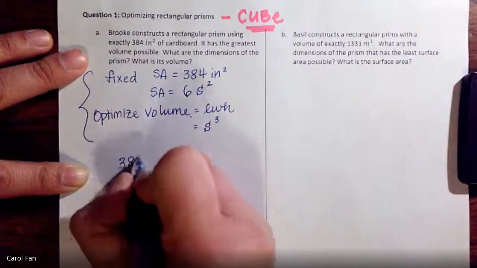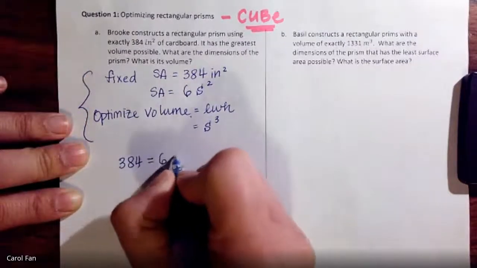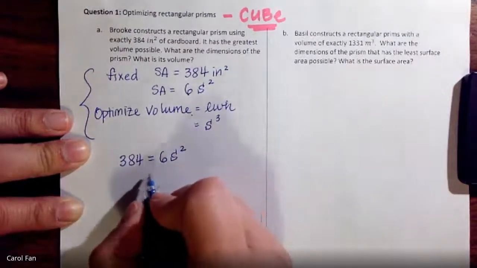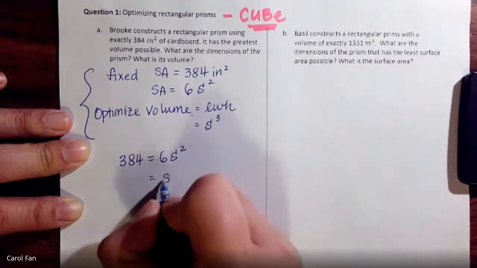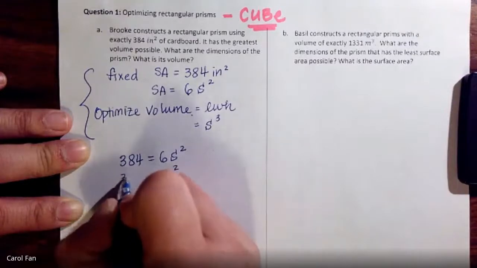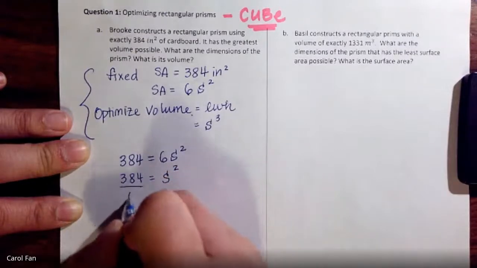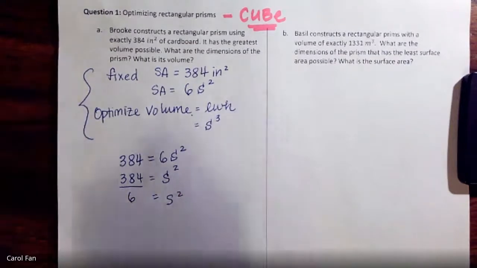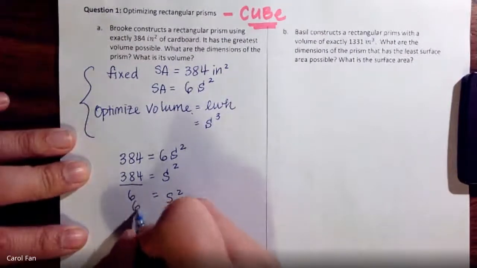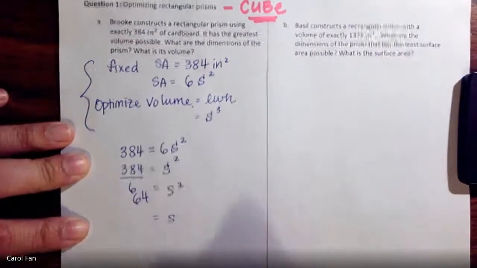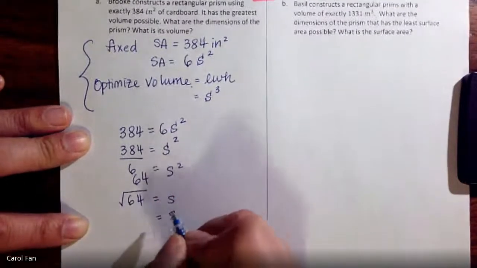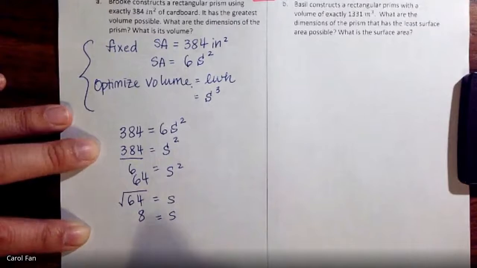So 384 is equal to 6s squared. Let's rewrite this. So I have s squared is equal to 384 divided by 6. When I divide that, I have s squared is equal to 64. So s is equal to the square root of 64. s is equal to 8.